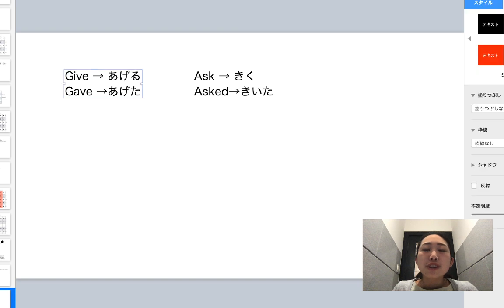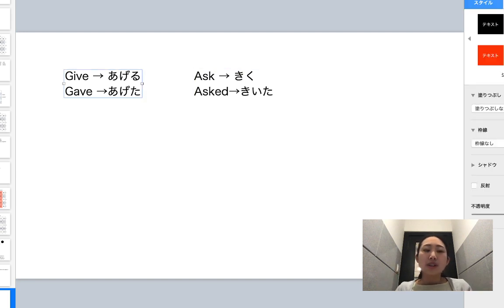So ageru is very simple. You can just take the last letter ru and put ta. So ageta. And for ask, it's a little exception. There are some rules to make the past tense. In this case, kiku changes to kita. So you take out the ku and put ita.